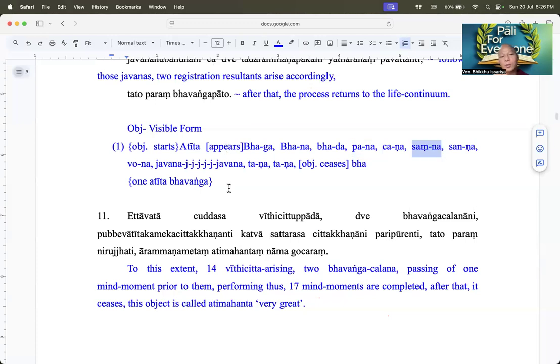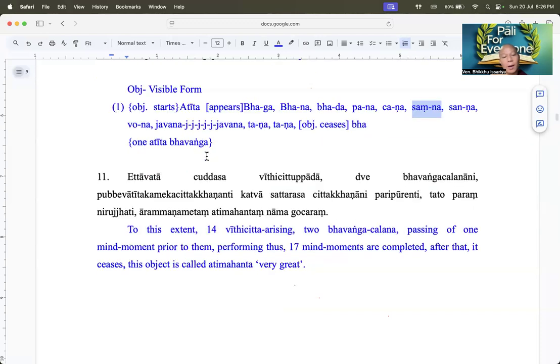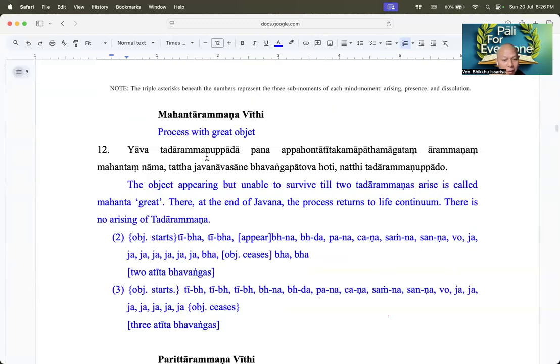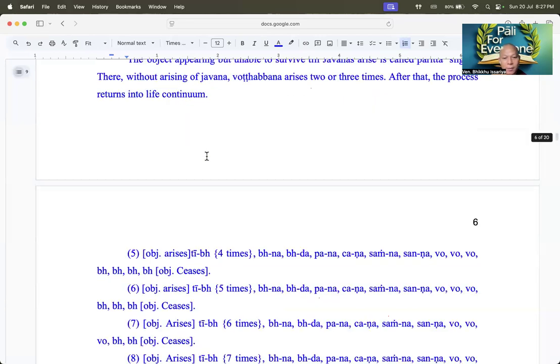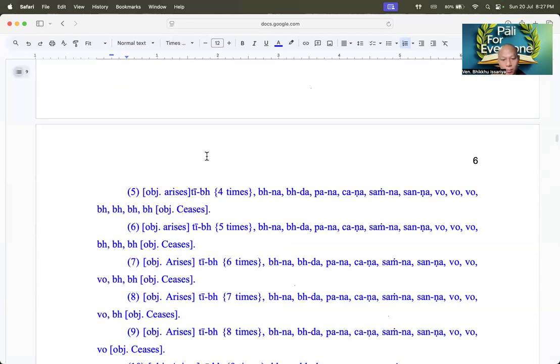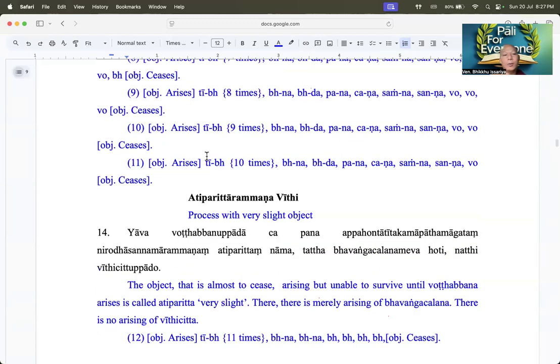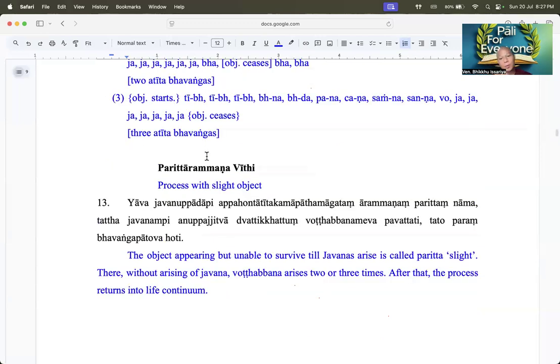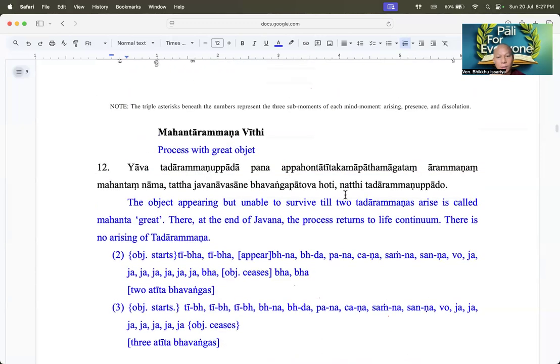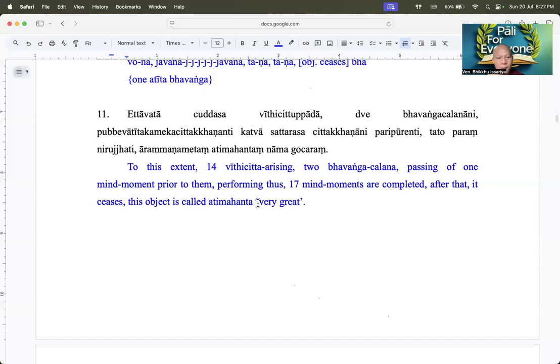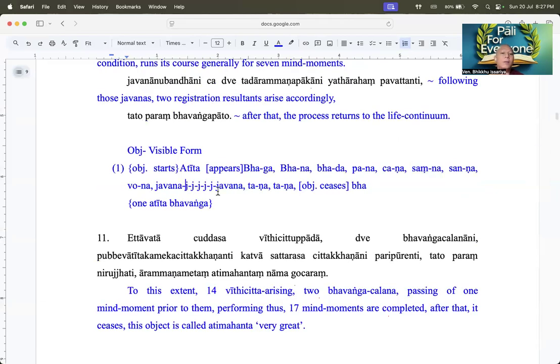And also for the other object, like the Manodvara, I'm not including. These are Pancadvara Vithi. Okay, so all of them are Pancadvara Vithi times. At the time, taking that Rupa, Sadda, Gandha, Rasa, Photthabba object here, you see these Javanas are 29 Kama Javana. And also in the thought object, there will be 29 Kama Javana also.